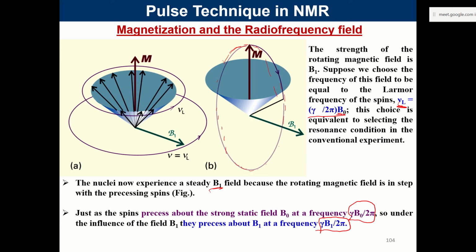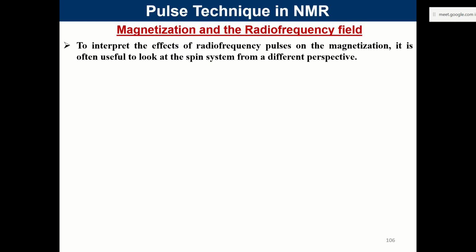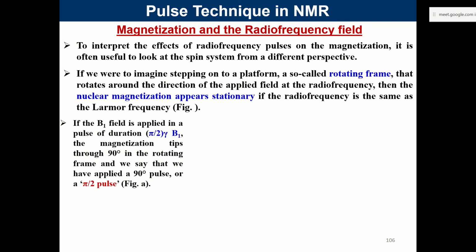Now when the magnetization vector also starts precessing around this B1 vector, the frequency is given by this. If the two frequencies are equal, then absorption happens and energy transfer will happen. So we have just discussed these things in the rotating frame.